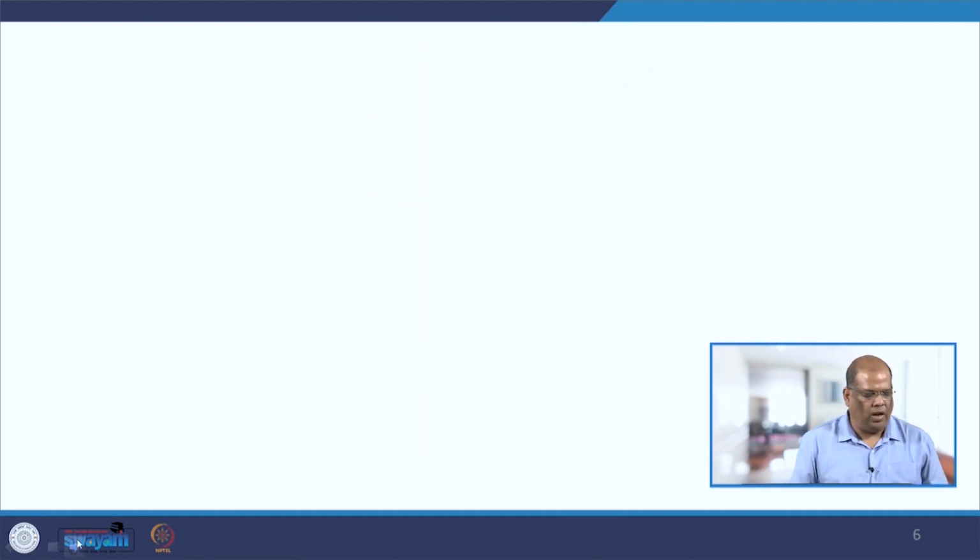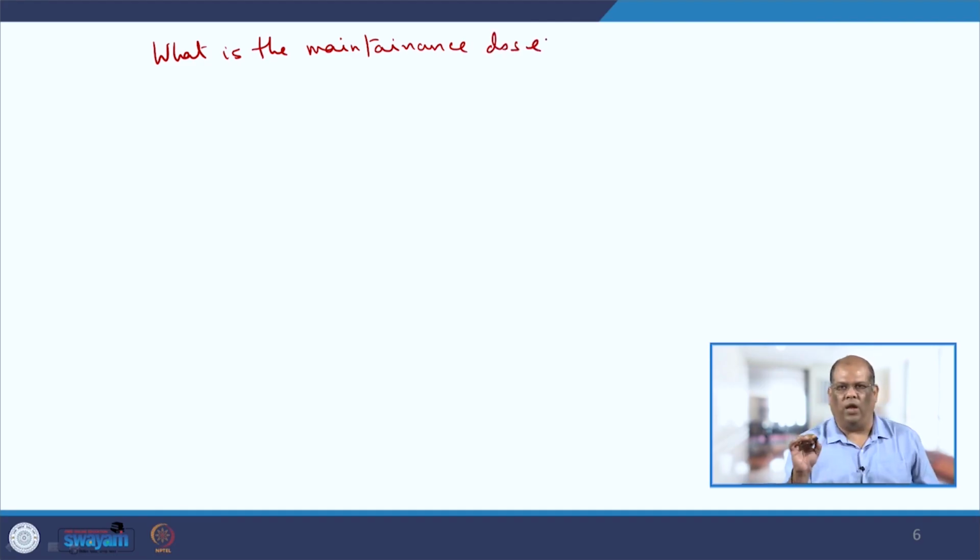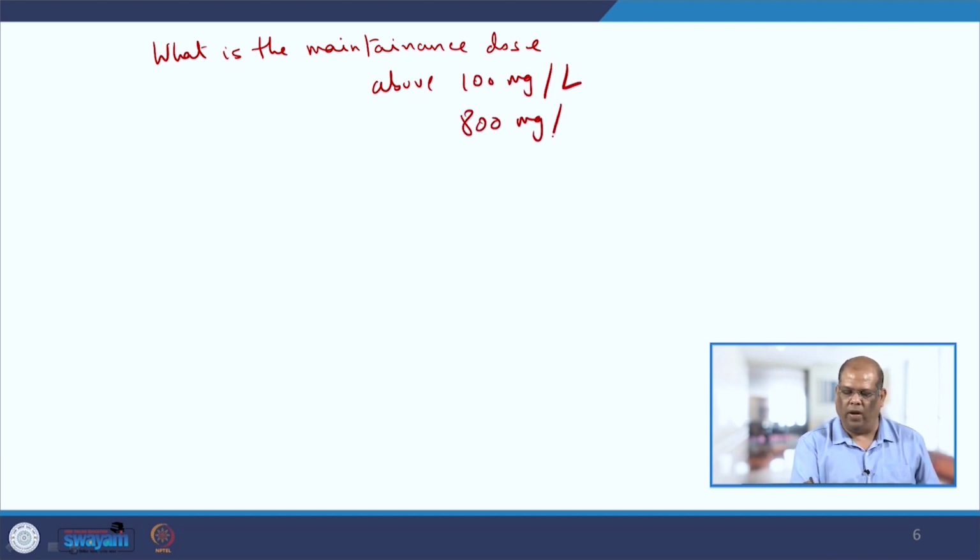The next part is, what is the maintenance dose that will keep this drug above 100 mg per L and below 800 mg per L. So, how much drug should you give?